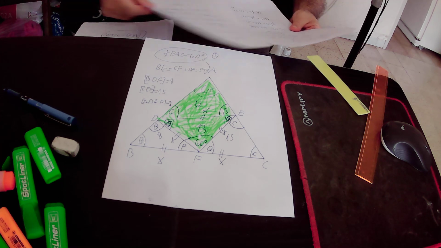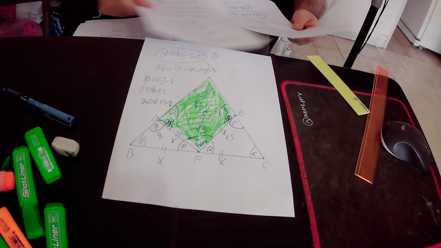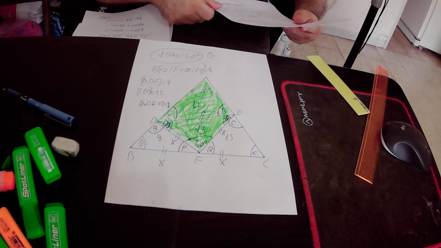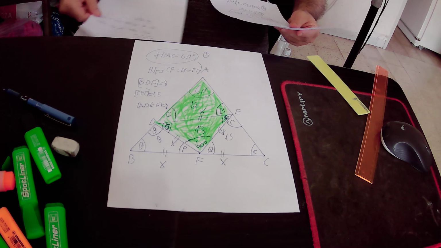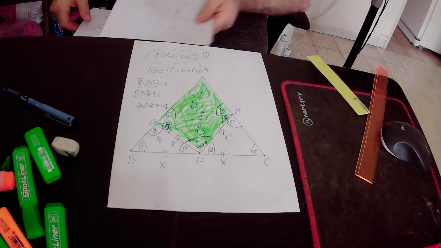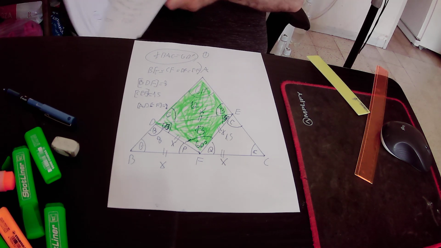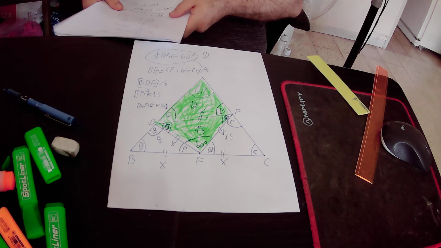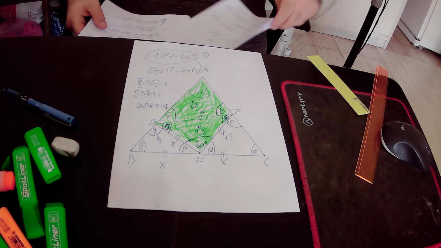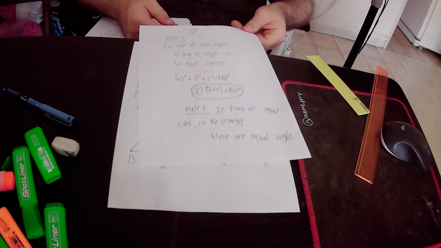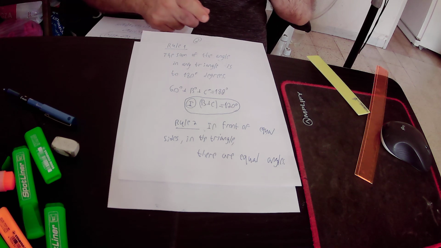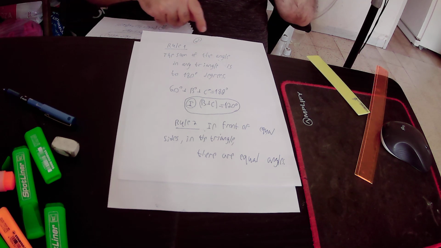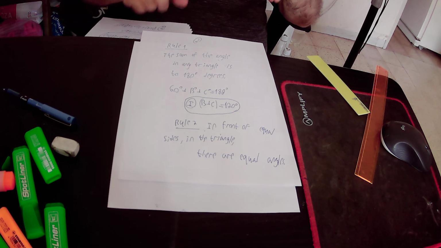So we have rule number 1 that says that the sum of the angles in any triangle is equal to 180 degrees, and especially the sum of the angles in triangle ABC equals 180 degrees. That is 60 degrees, plus angle ABC, which we defined as B, plus angle ACB, which we defined as C. So 60 degrees plus B plus C equals 180 degrees according to rule number 1.